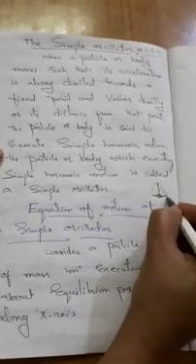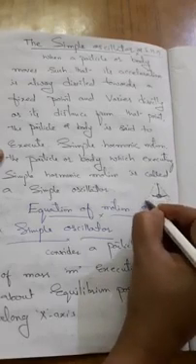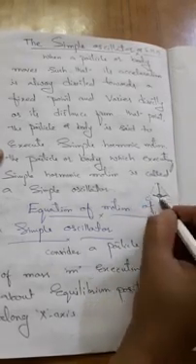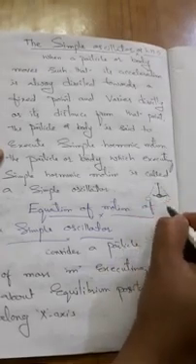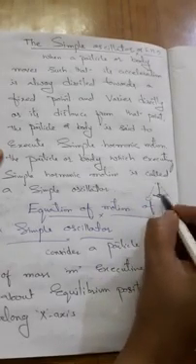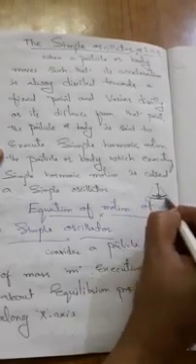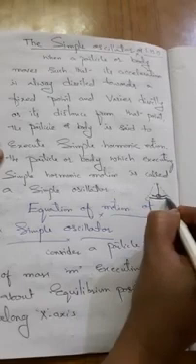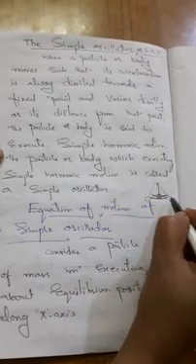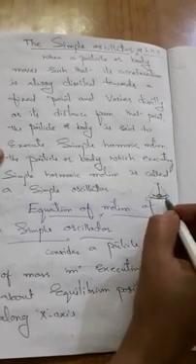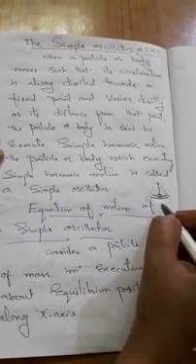This pendulum is moving in a to and fro motion. This is the simple example for the simple harmonic oscillator. When it moves to and fro, this is called simple harmonic motion, and the body which does this is known as the simple harmonic oscillator.